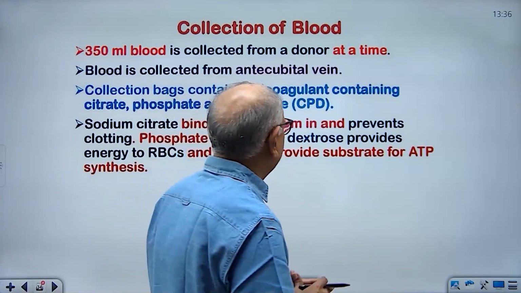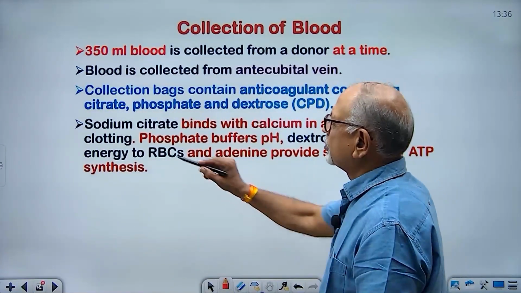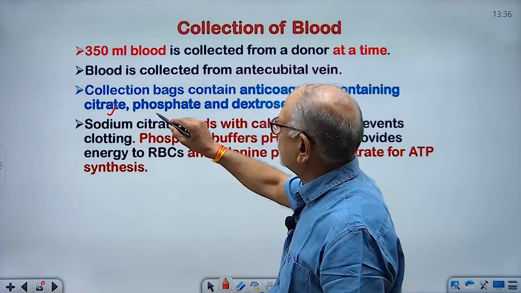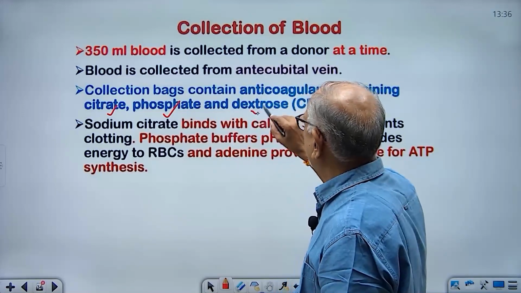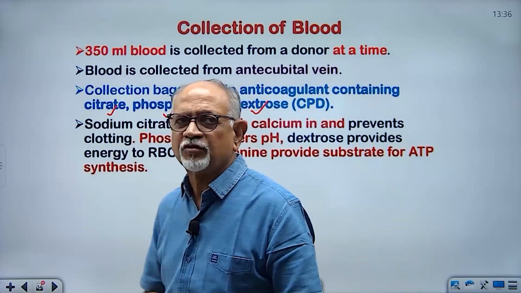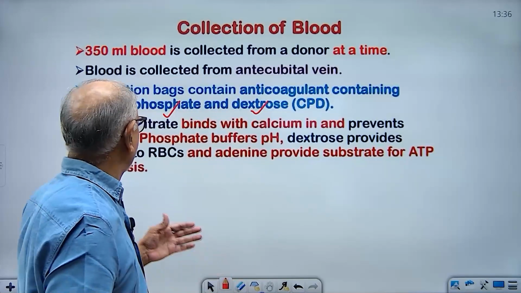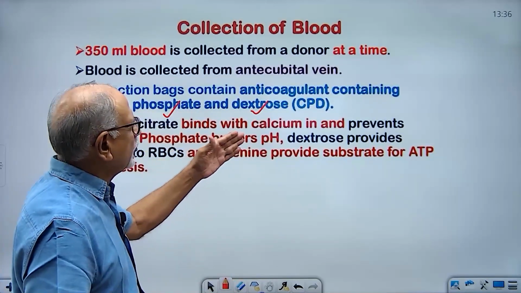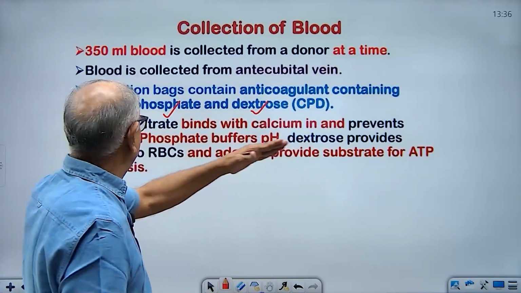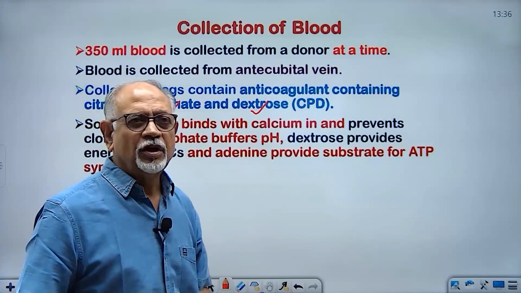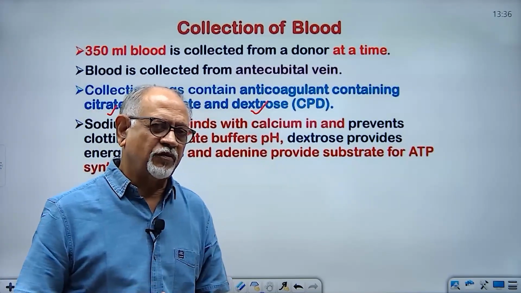anticoagulants. These anticoagulants include citrate, phosphate and dextrose, that is, it is called CPD. The sodium citrate binds with calcium and prevents clotting. You know, calcium is very important for blood clotting.